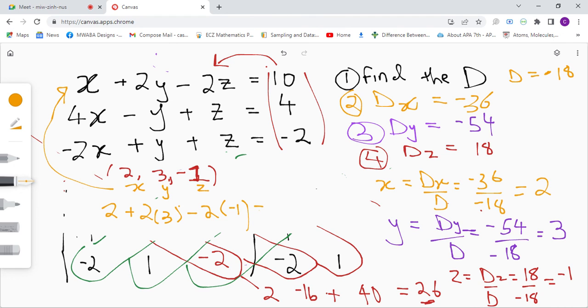So this is supposed to get 10. 2 times 3, that is 6. 2 plus 6, that is 8. Negative 2 times negative 1, that is positive 2. So 8 plus 2, that is 10. All right. So our values are correct.